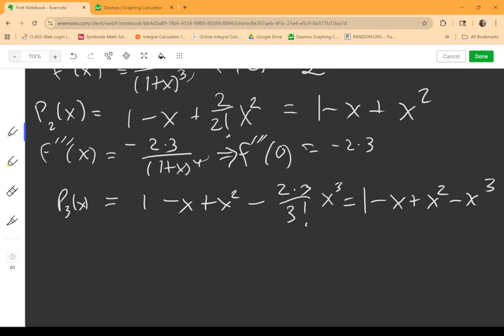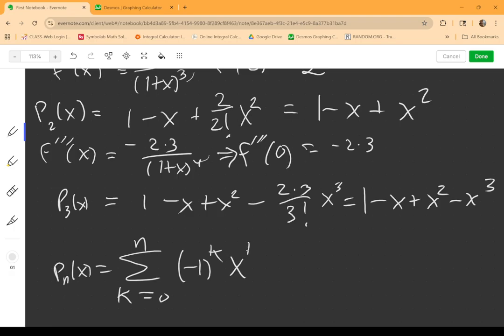So if we want to write the nth polynomial using sigma notation, we can start at 0 to n, and let's use a different term, let's call it k. So negative 1 to the k, x to the k. And this matches up: when k is 0, that gives me the constant 1, then the next term, and so on, it gives me that pattern.